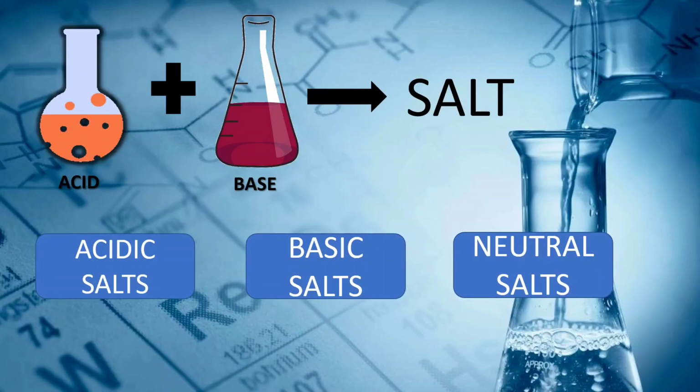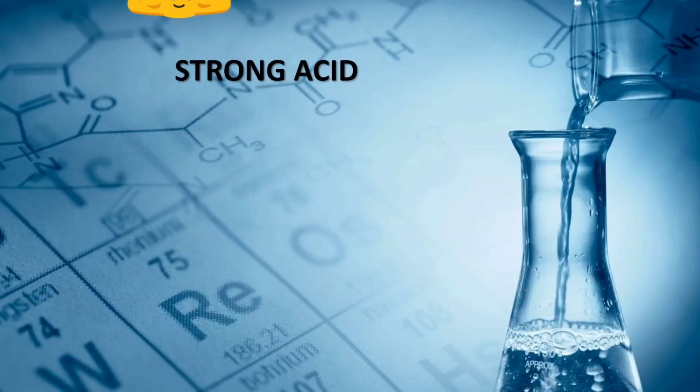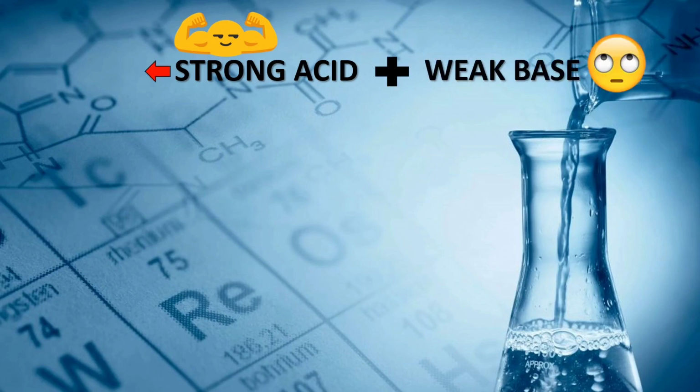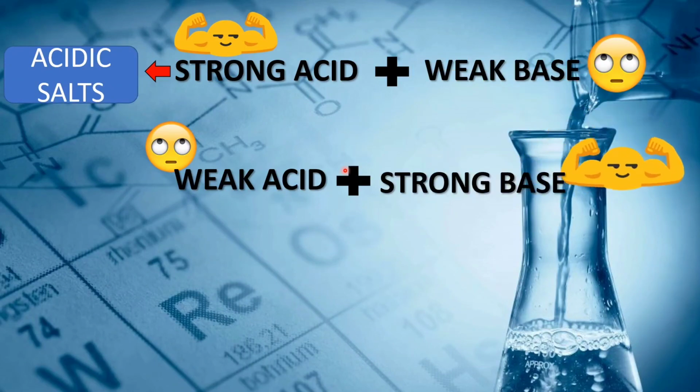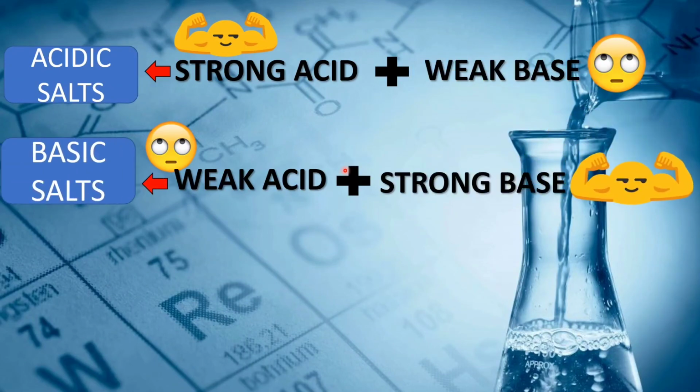When we talk about salts with strong acid plus weak base, when we combine these two, we are going to get acidic salt. So remember this, when we talk about acidic salts, the answer will be strong acid plus weak base. When we talk about basic salt, the answer will be weak acid plus strong base. They are going to give us basic salt.